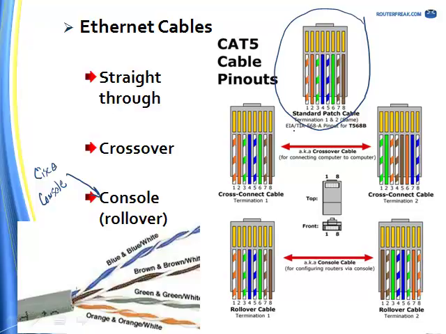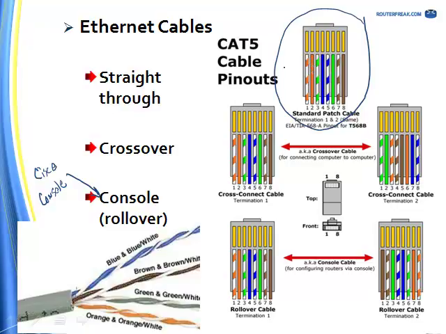And that's the TIA 568A standard pinout. Well, there's two, sorry. There's 568A and 568B. The more common is 568B, I'm sorry, and that's what this is. This is 568B.